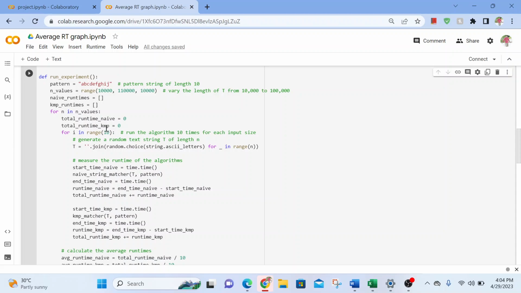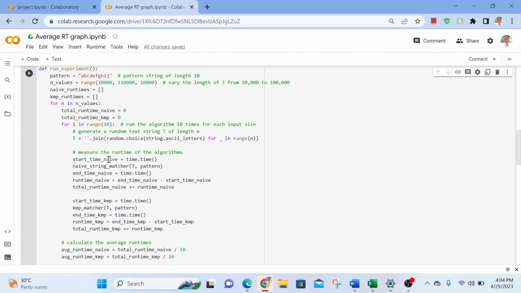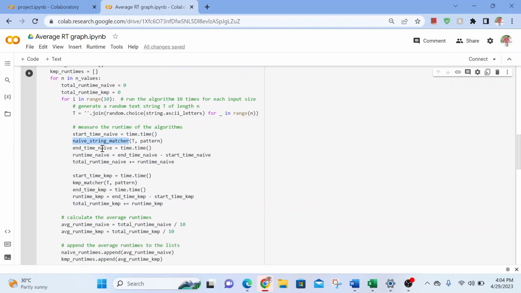So here I took random inputs for text, and it will run the Naive string matcher and the KMP matcher and give the total runtime for both.